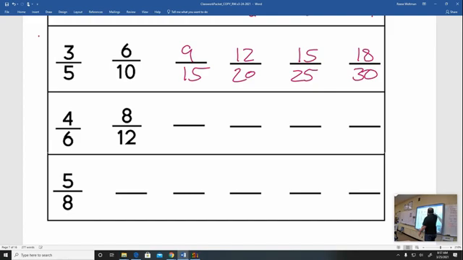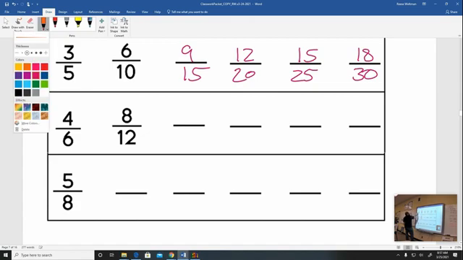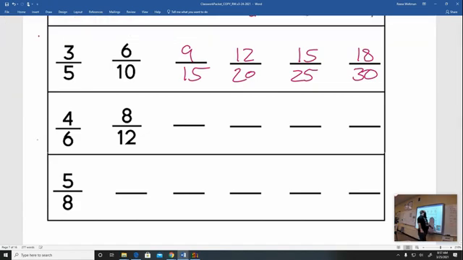How do you know that 18/30 is equivalent to 3/5? How do you know that? Ian? How do you know? Lots of ways you could find out. You could say, draw like a circle or a square and put it up into like those numbers.